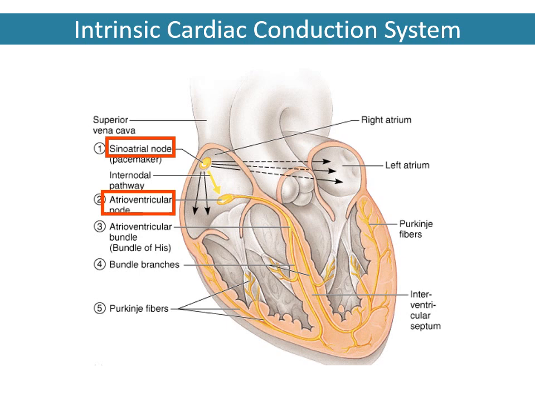After a delay of 0.16 second, it reaches the AV bundle of His, which then divides into right and left branches and spreads very rapidly through Purkinje fibers to the entire endocardial surface of the ventricle.